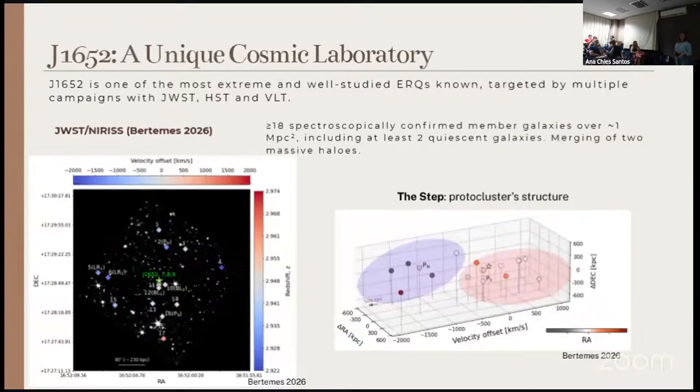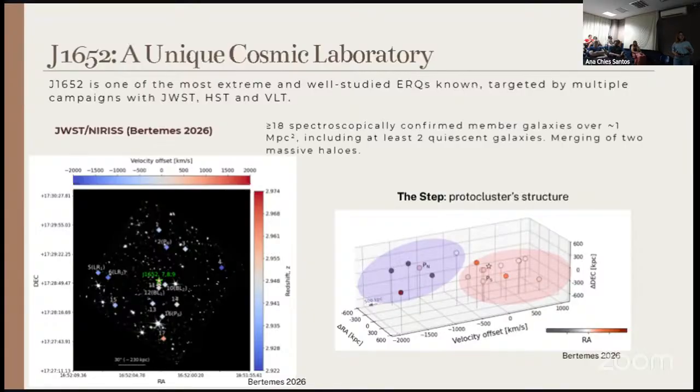More recently, Caroline Bertens found with MIRI data 18 spectroscopically confirmed galaxy members in this region in the field of view of the observation, including two quiescent galaxies.